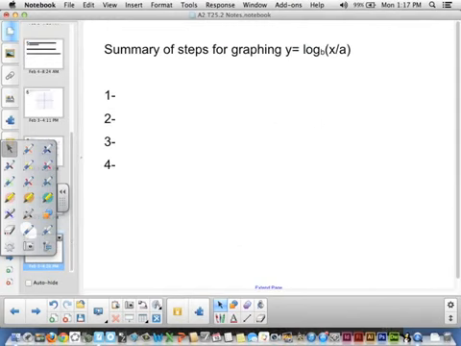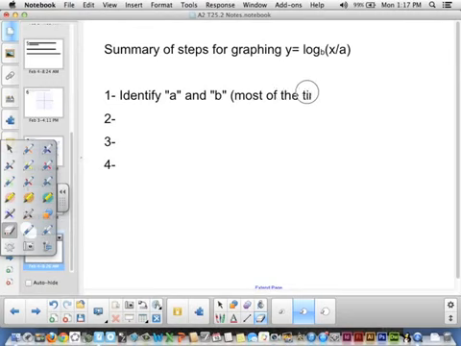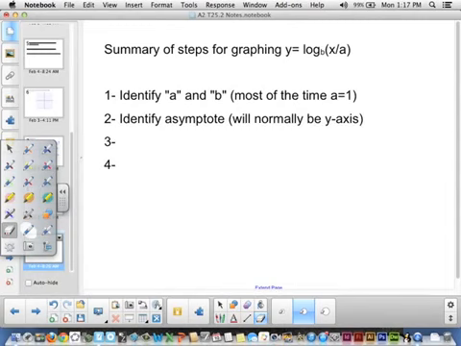So a summary. Steps for graphing y equals log base b of x over a. First off, identify a and b. Most of the time, and all the time we've done it, your a is going to be equal to 1. Step 2, identify the asymptote. Normally it will be the y-axis.